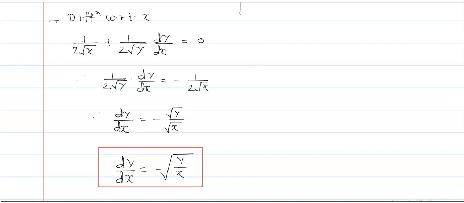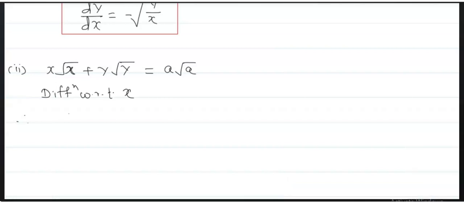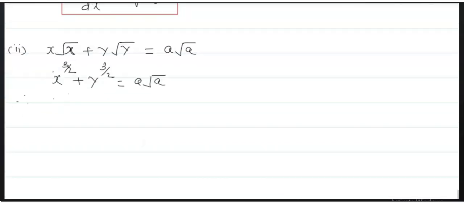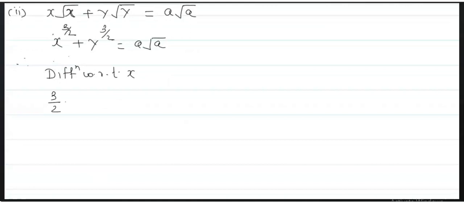Now the next is x root x plus y root y is equal to a root a. Now x root x means what? x raised to 3 by 2 plus y raised to 3 by 2 is equal to a root a. Differentiate this with respect to x.